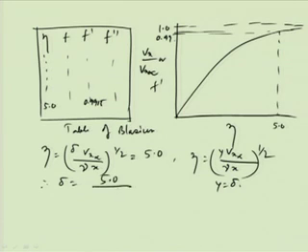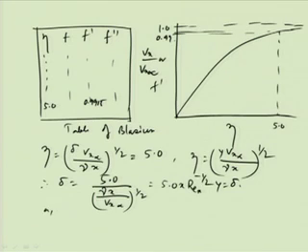Okay. And then we can find out that delta is equal to 5.0 by, nu into x by V x infinity whole to the power half, and this is equal to 5.0 x into Re x to the power minus half, or delta by x is equal to 5.0 into Re x to the power minus half.